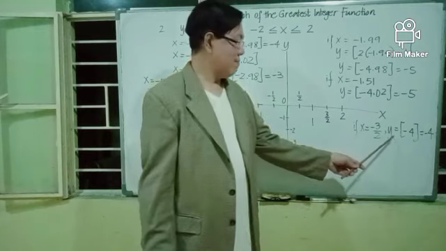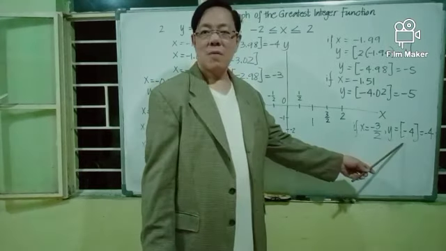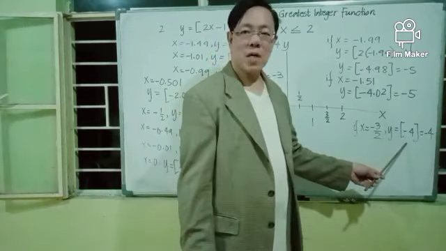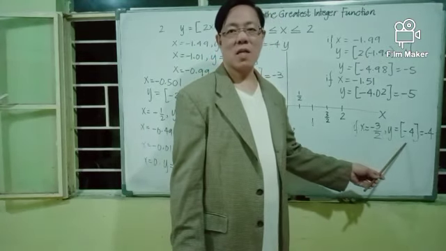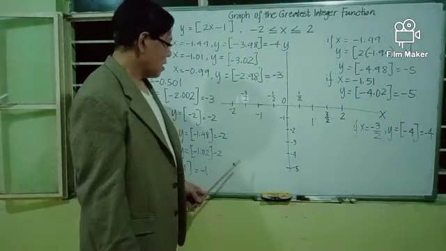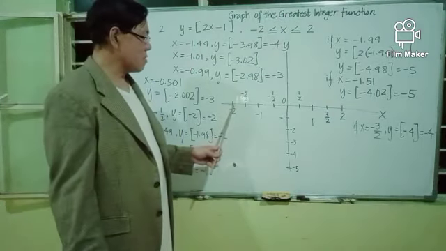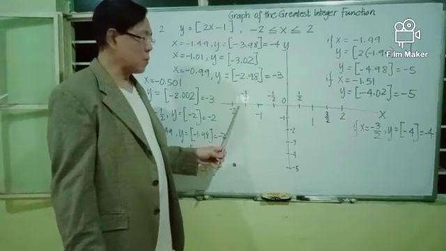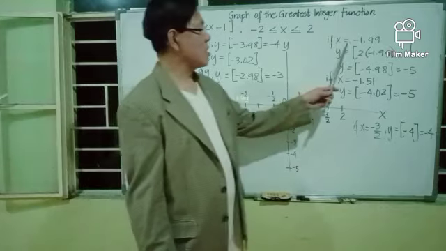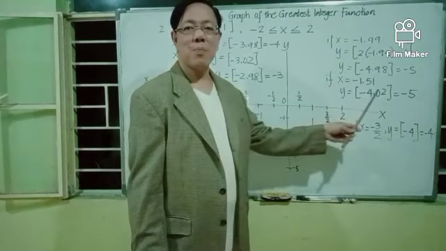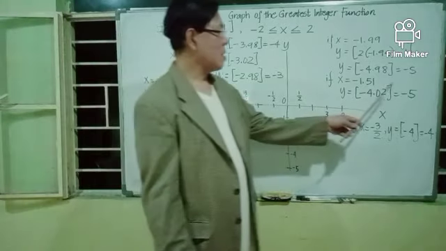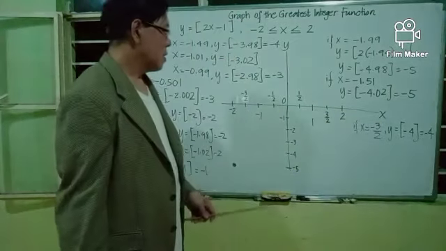And the floor of negative 4 is the greatest integer less than or equal to negative 4, and that integer is negative 4. Hence, for values of x greater than negative 2 but less than negative 3 over 2, such as negative 1.99 and negative 1.51, the value of y is negative 5.